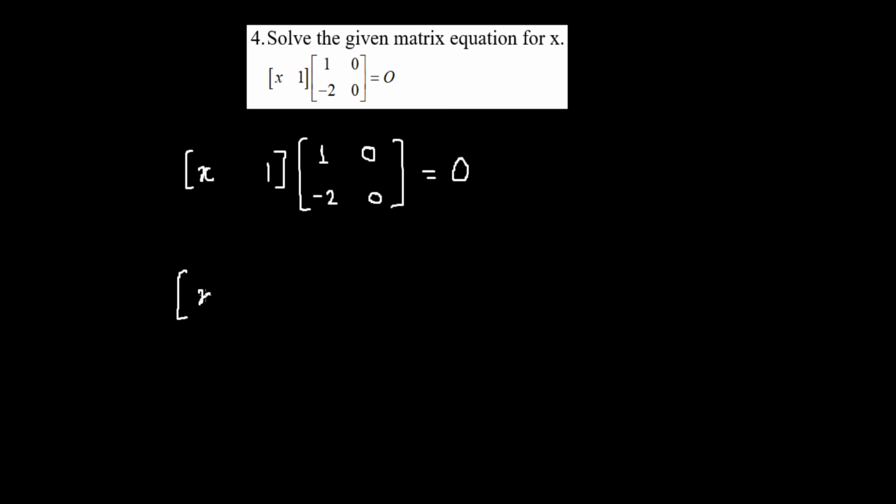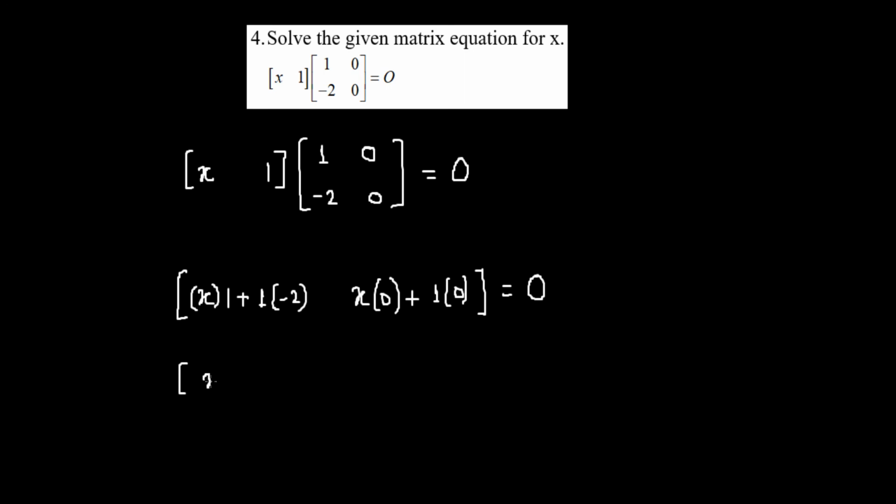The first row will get multiplied to the first column, so that should give us x times 1 plus 1 times negative 1. Then we multiply the first row to the second column, so that should give us x times 0 plus 1 times 0, which is equal to the 0 matrix.